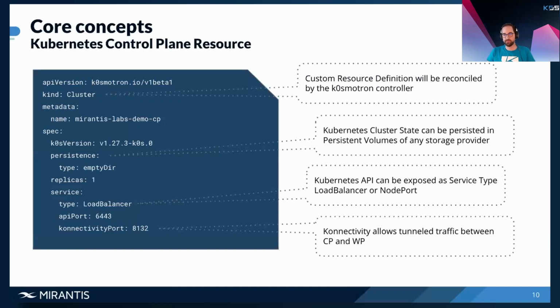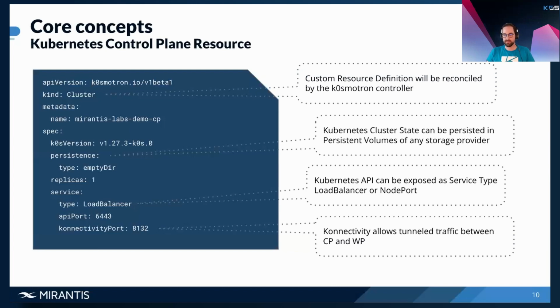And as mentioned earlier, we also have the service that will be exposing 2 ports, the API port and the connectivity port. In this case, we have a Kubernetes service type load balancer, but of course, this can be a node port as well, or you can specify something for internal usage too. So that is up to you.